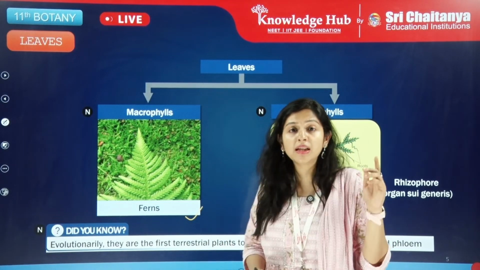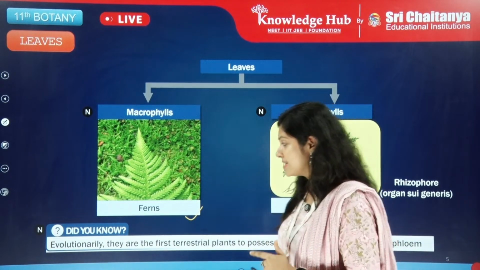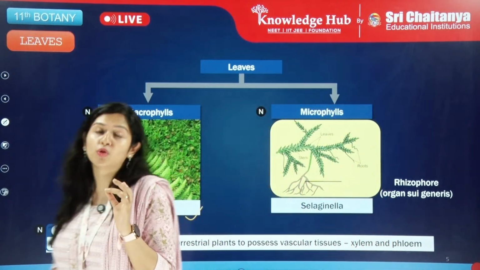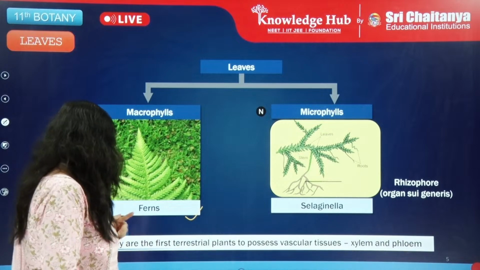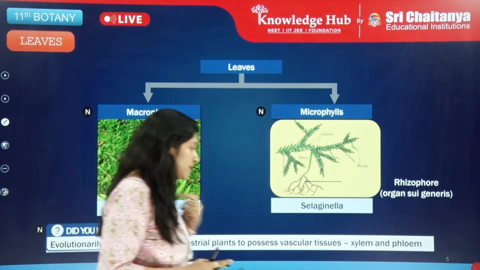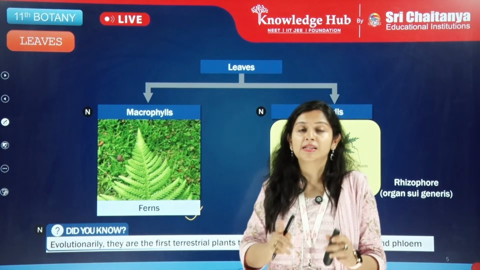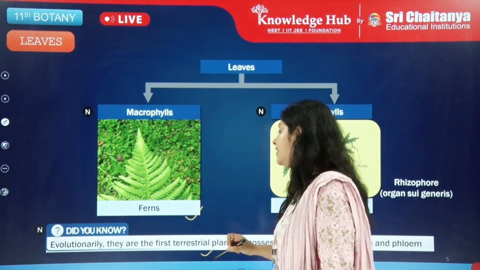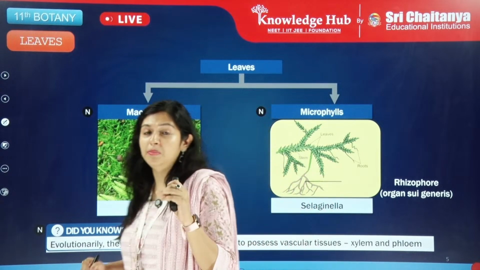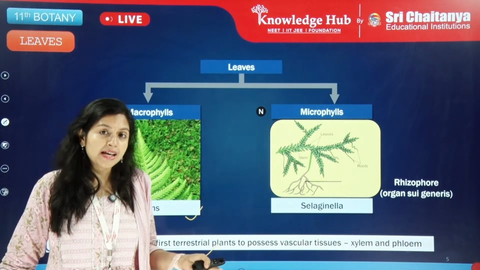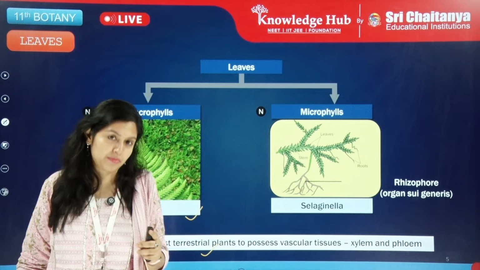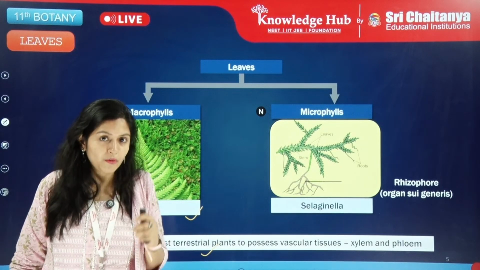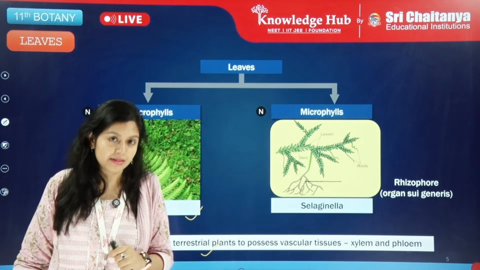Now let's see another important characteristic. These plants are the ones which, evolutionarily, are the first terrestrial plants to possess vascular systems, vascular tissues, or we can call them vascular bundles.